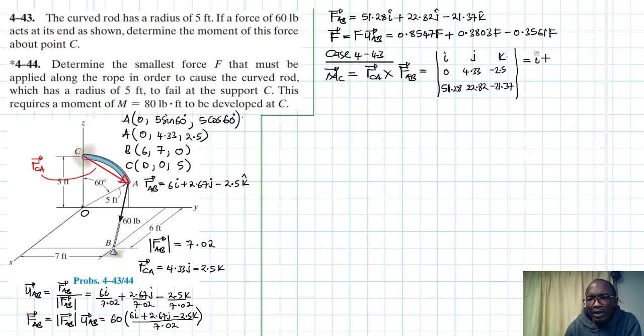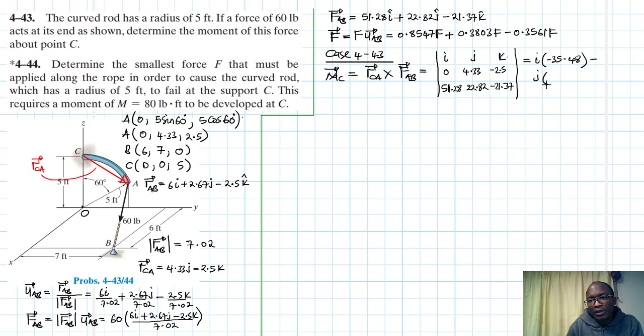So we have i, that's 4.33 times minus 21.37 minus 22.82 times minus 2.5. So we get a minus 35.48 i.